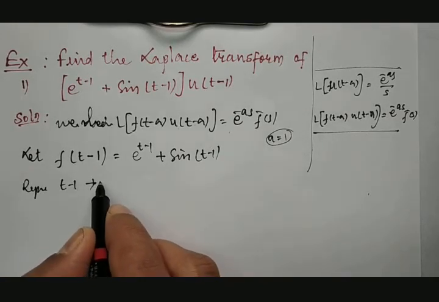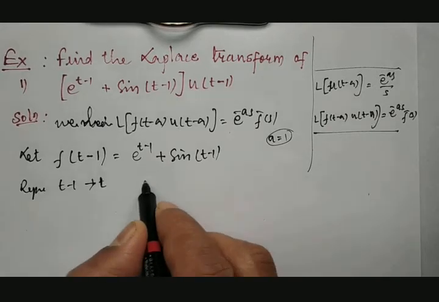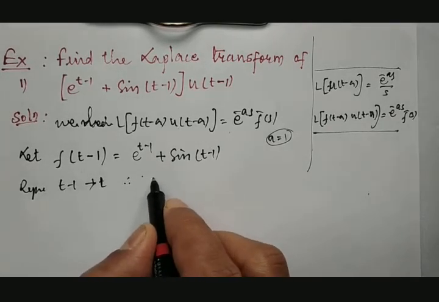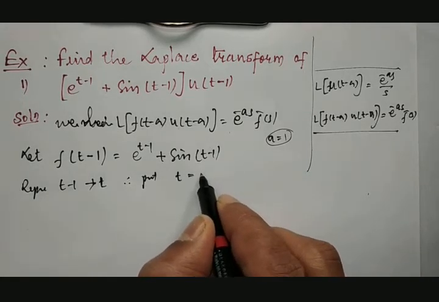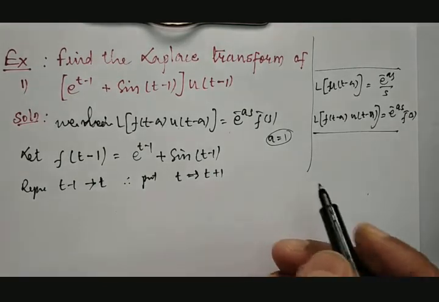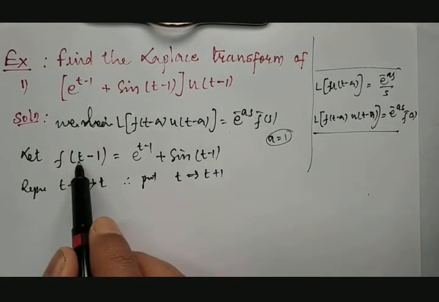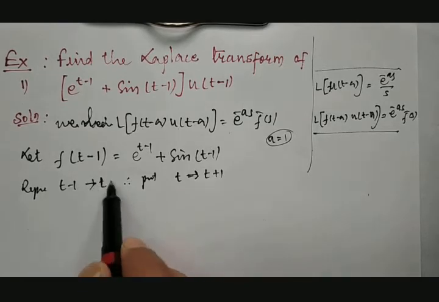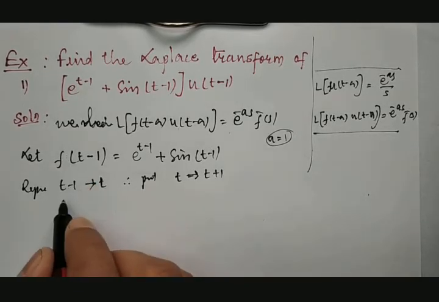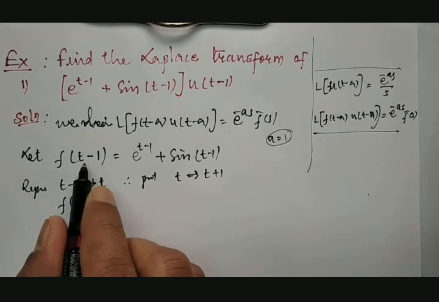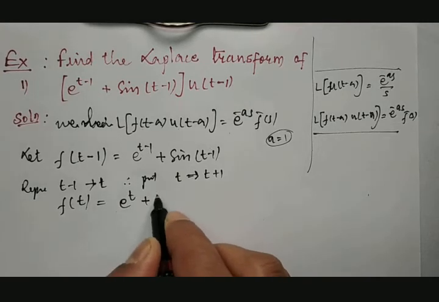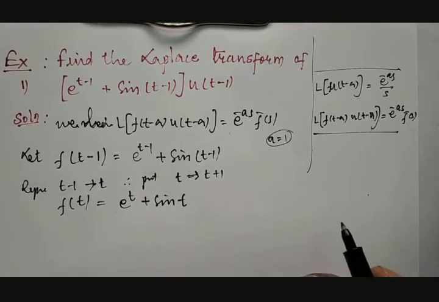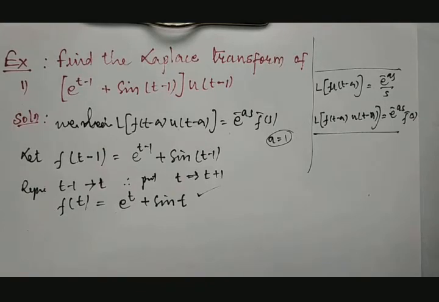So put t is equal to t plus 1. Then it becomes t plus 1 minus 1, which cancels, and I get t. Therefore, this function becomes f of t, which is equal to e raised to t plus sine t. So this is the function now.